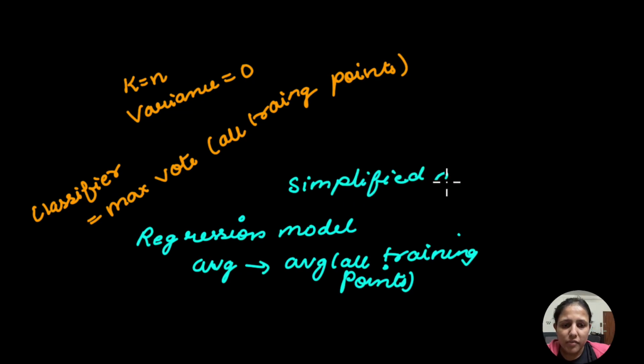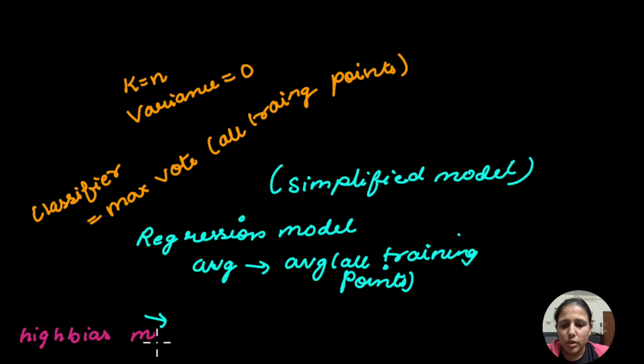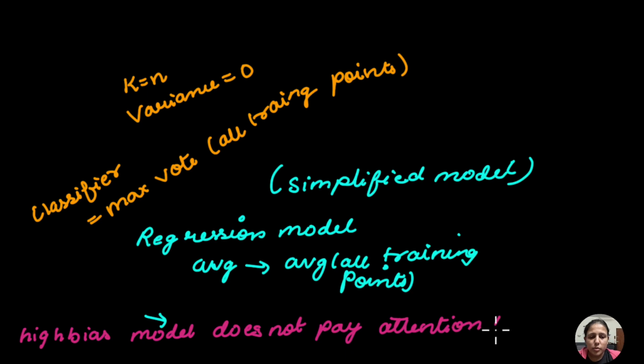And a very simplified model, a high bias model, does not pay attention to the training data.